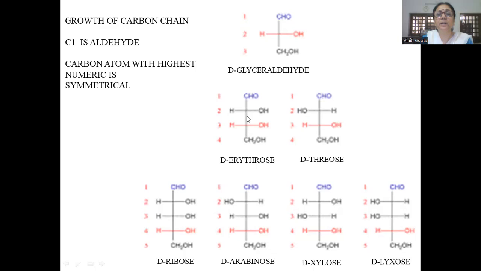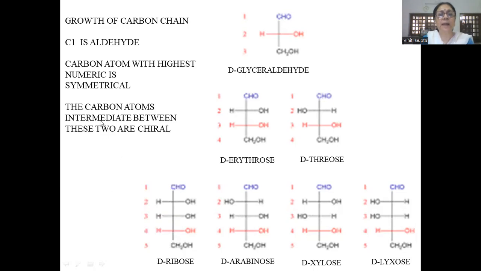Because this is now called conformation isomerism. This is a single bond. This can freely rotate around a single bond like a wheel. It can go right, then it can go left. But if it is on the right and it gets fixed on the right, it will become erythrose. If it is on the left and it becomes fixed on the left, it will be a threose.